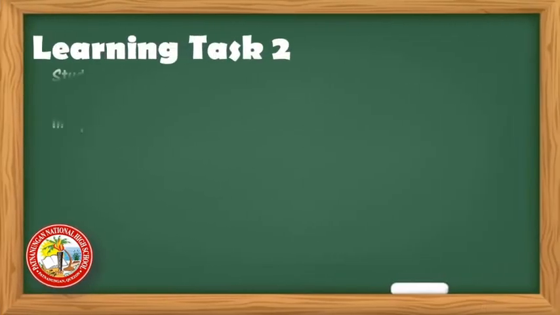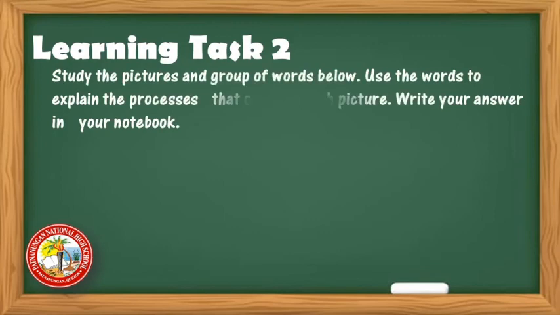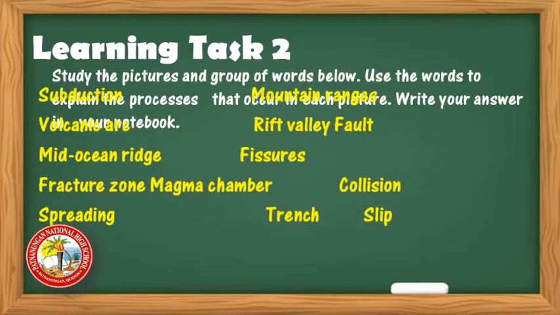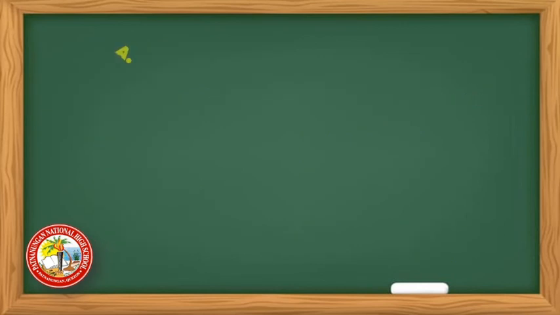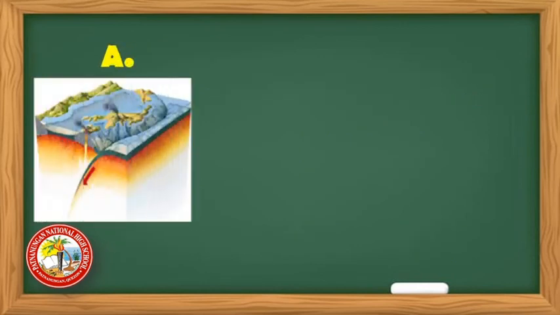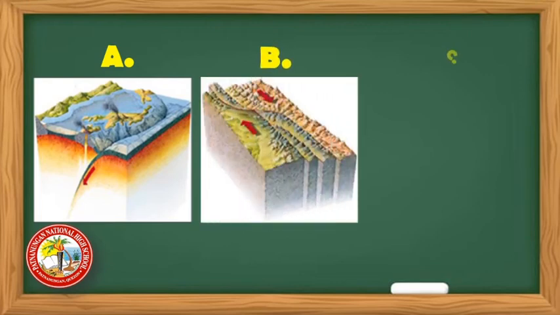For learning task 2, you're going to study the 3 given pictures and group of words inside the box. You're going to use the words to explain the processes that occur in each picture. You're going to write your answer in your science journal.